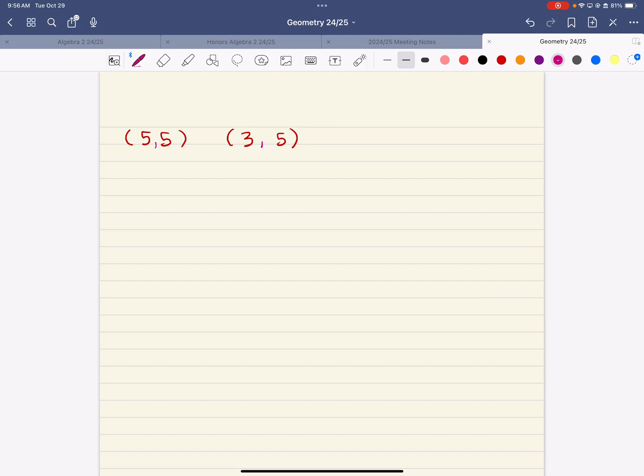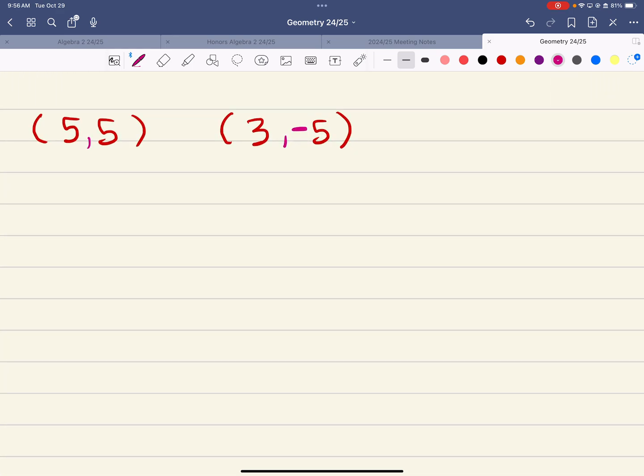I'm going to make this -5. I just don't want you to get 0. I don't want that. So 5, 5, and 3, -5. So if you can write the equation for the line that goes through those 2 points in slope-intercept form. If you want to work with the neighbor, go ahead, work with the neighbor. Give you about 2 minutes.